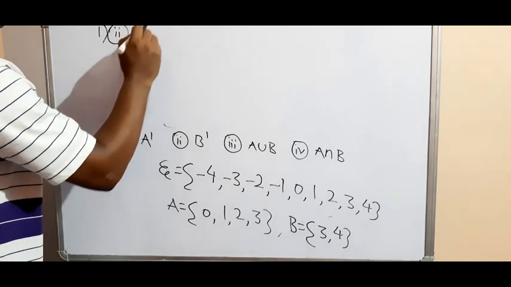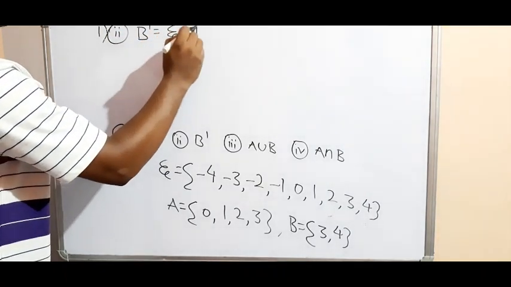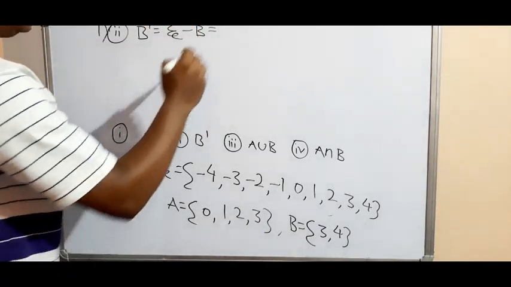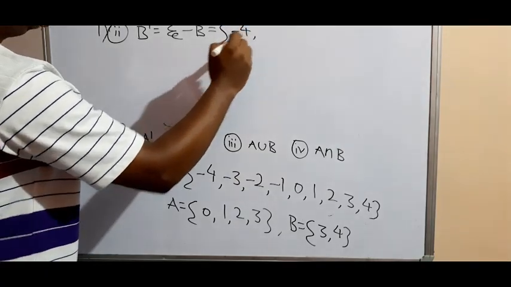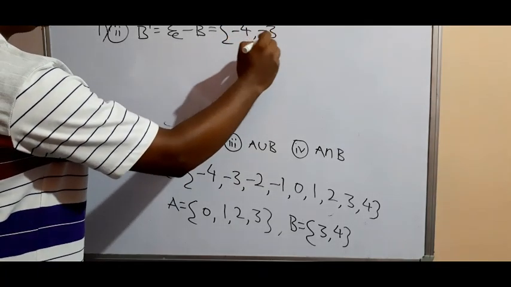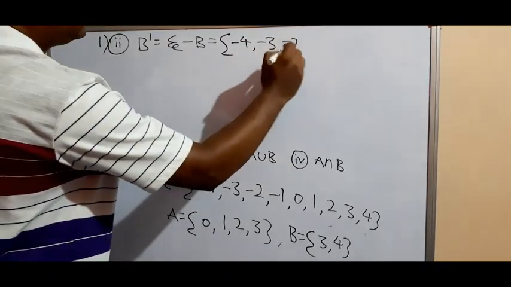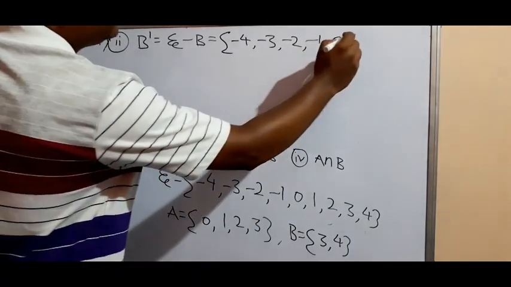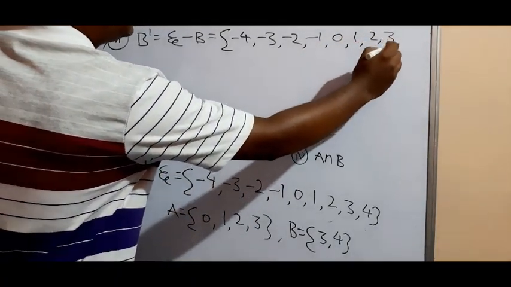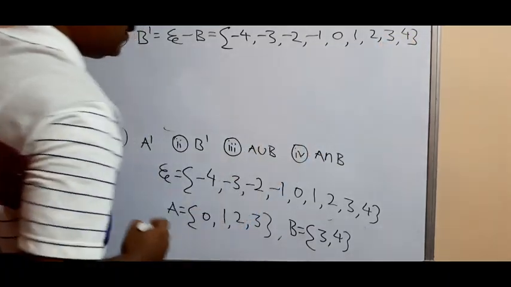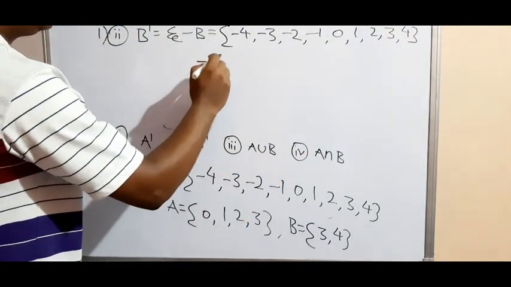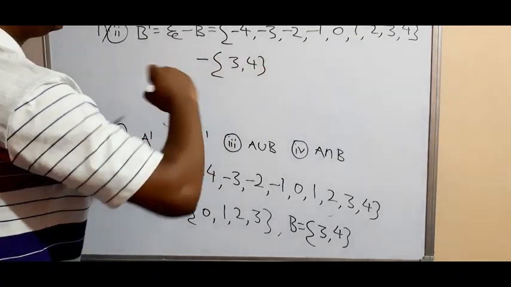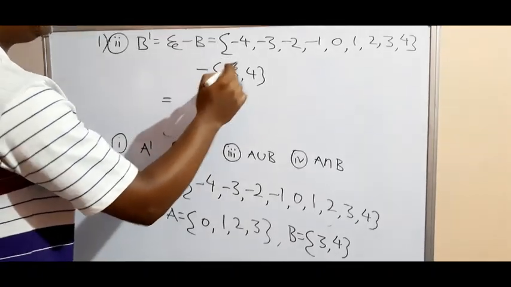B dash is equal to universal set minus B. Universal set is given: -4, -3, -2, -1, 0, 1, 2, 3, 4. This is the universal set minus elements of B, 3, 4. Clear? So what is left? 3, 4.